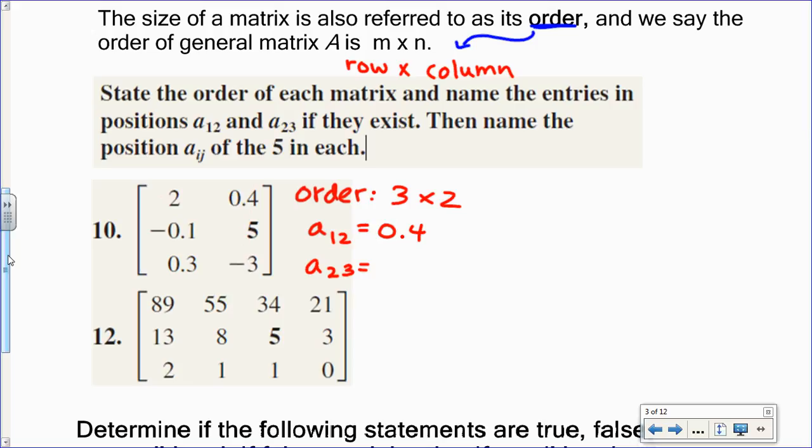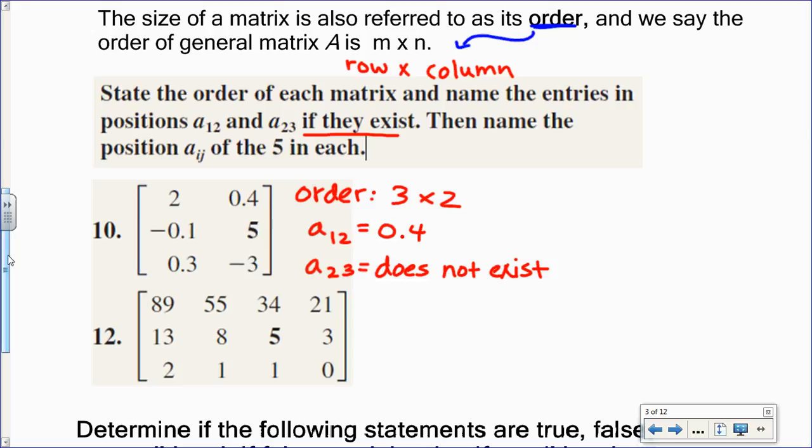A23 would be row 2, column 3. I don't have a column 3, right? So that's why it says if they exist. It does not exist.